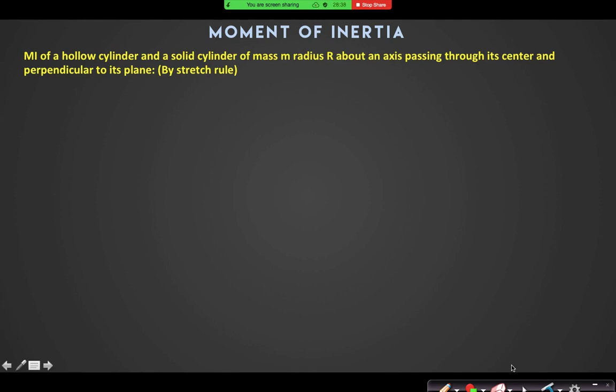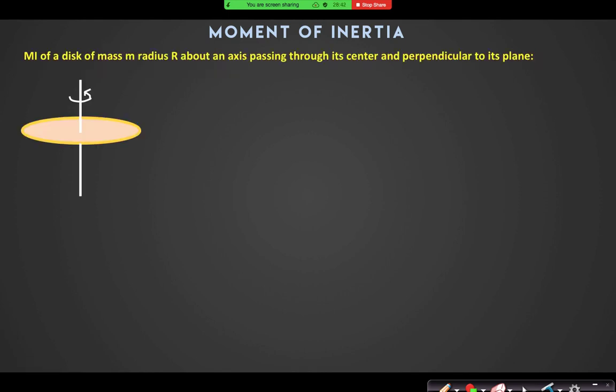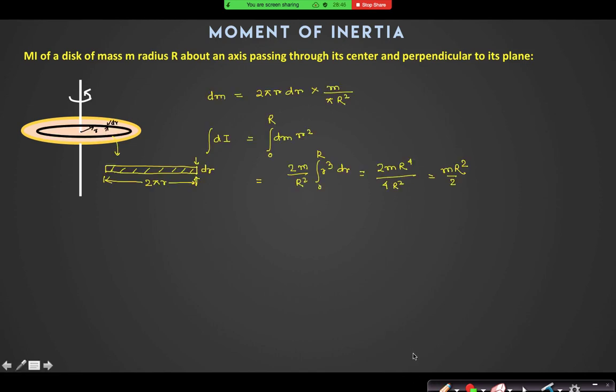Sir, moment of inertia does not depend on the mass of the entire body, right?